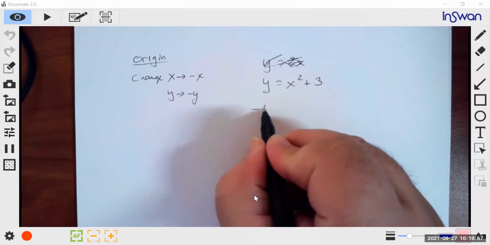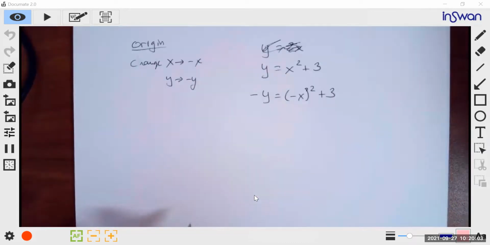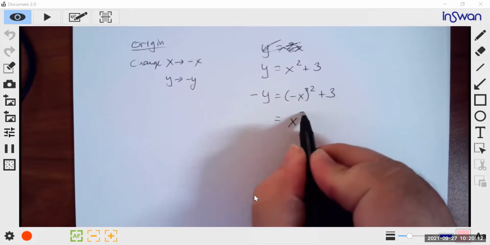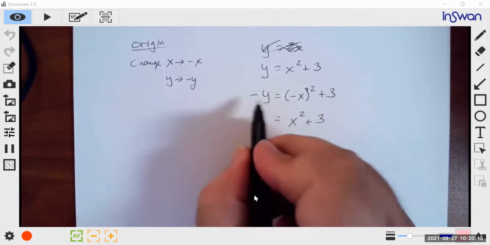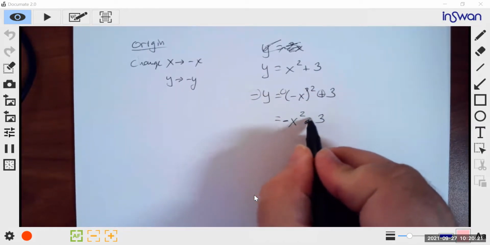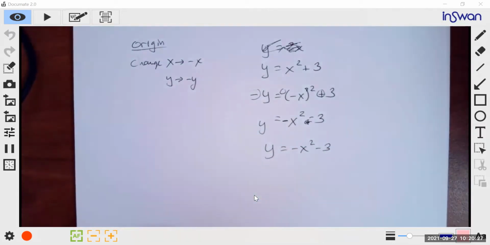So if I change y to negative y, x to negative x, negative x squared, you can get rid of the negative, but the y out in front changes everybody's sign. So is it symmetric about the origin? No.